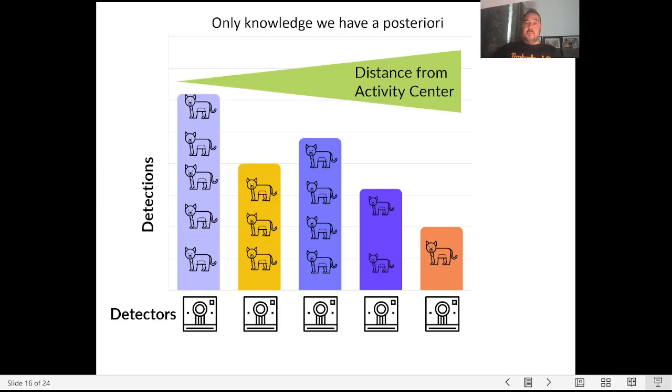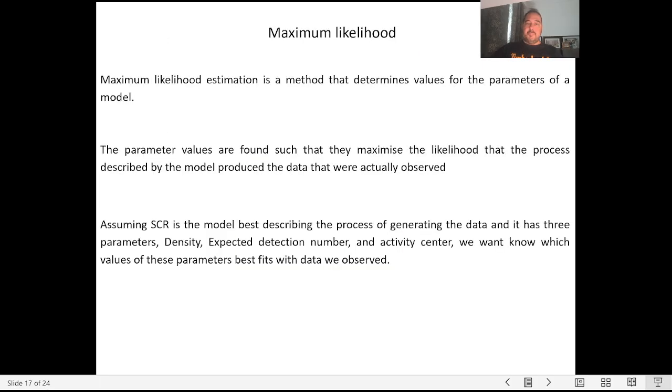To do this, we generally use maximum likelihood. It is not the only approach, there is also the Bayesian approach, but maximum likelihood is the most widespread. The maximum likelihood estimation is a method that determines the values for the parameters of a model, which, I remember, are density, encounter probability, and activity center.